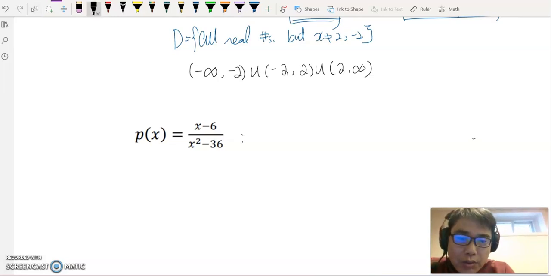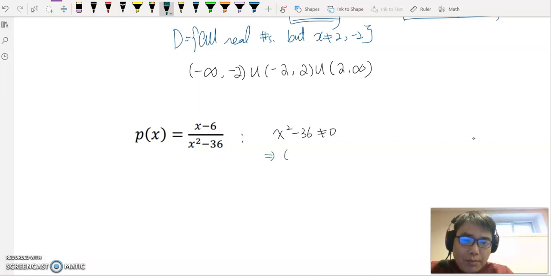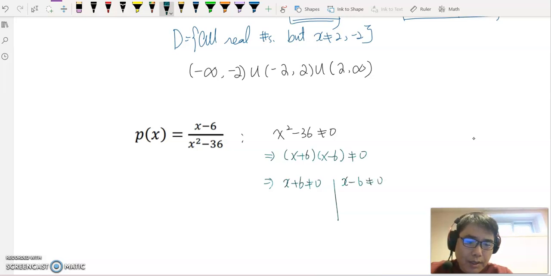So in this case, we write x squared minus 36 cannot be 0. Okay. So if you use factoring form, then this becomes x plus 6 and x minus 6 cannot be 0. Okay, so x plus 6 cannot be 0, and then x minus 6 cannot be 0, right? So solve for x, then x cannot be negative 6, and x cannot be 6.